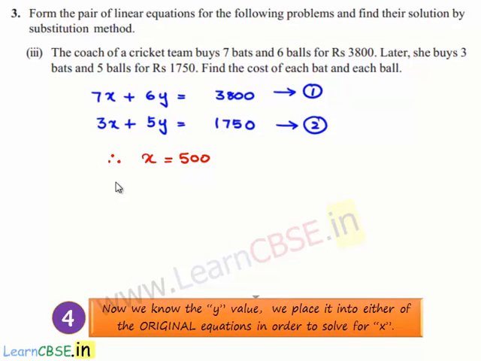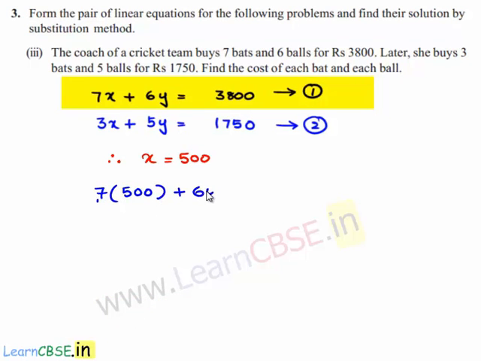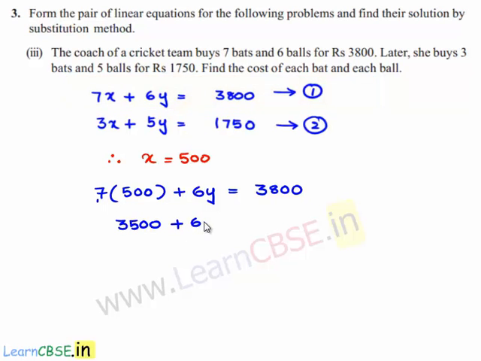Let us substitute the value of x in equation number 1. That means 7 times 500 plus 6 times y is equal to 3800. 7 times 500 is 3500 plus 6y is equal to 3800. 6y is equal to, transposing 3500 to right hand side, we will be getting 3800 minus 3500.